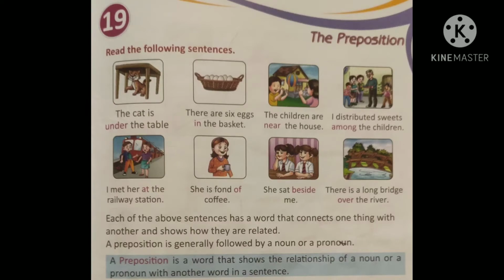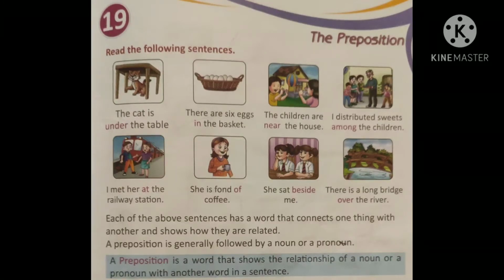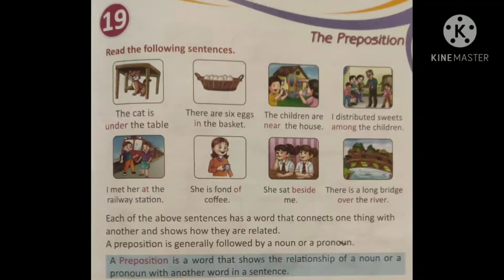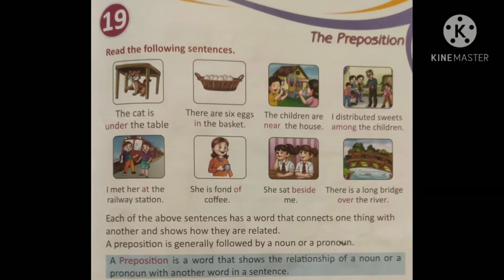Children, let's start our chapter, the preposition. Read the following sentences. Here are a few pictures along with the sentences. Let us read these sentences now. First one is, the cat is under the table. There are 6 eggs in the basket.